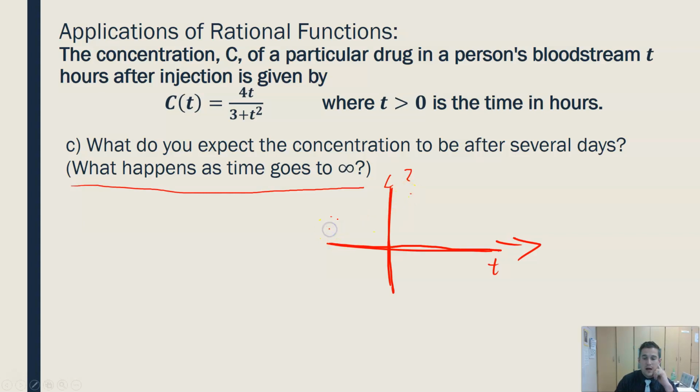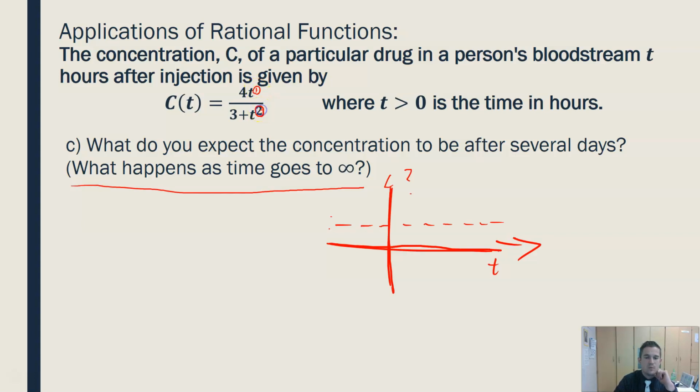So, I'm going to be looking for a horizontal asymptote, because as I go on and on, my graph is probably going to get pretty close to this end right over here. If you remember how to find a horizontal asymptote, I look at the largest exponent in the top and the largest exponent in the bottom.